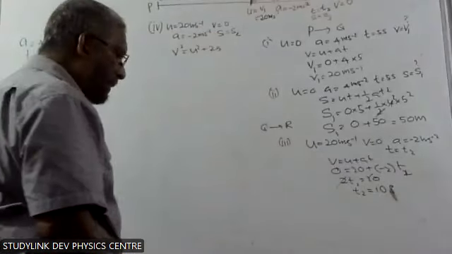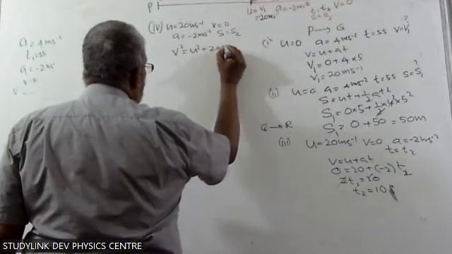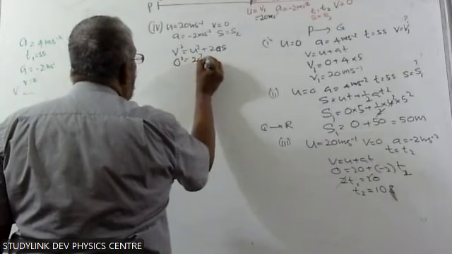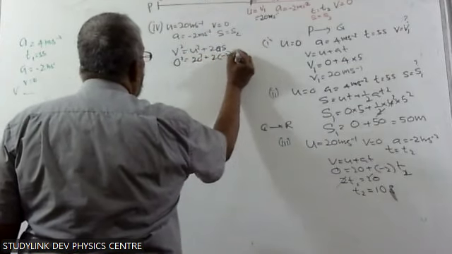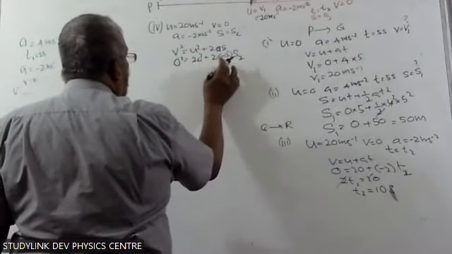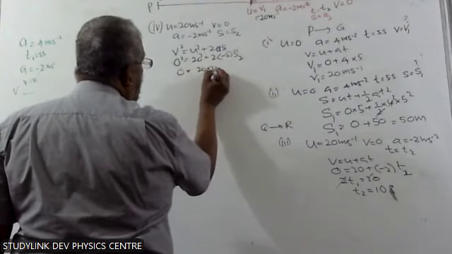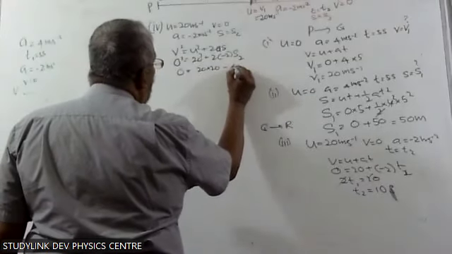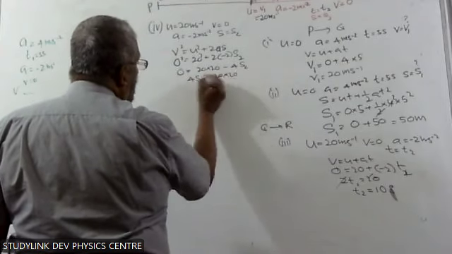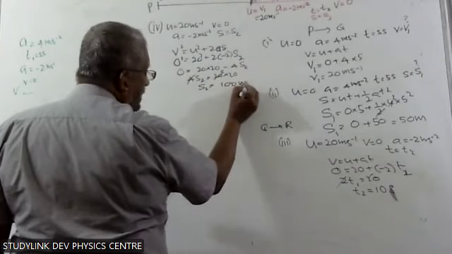V squared is equal to U squared plus 2AS. Then 0 squared is equal to 20 squared plus 2 into minus 2 S2. Then we can take this to the other side, or you can write 20 into 20 equal to 4S2. Then S2 is equal to 100 meters.